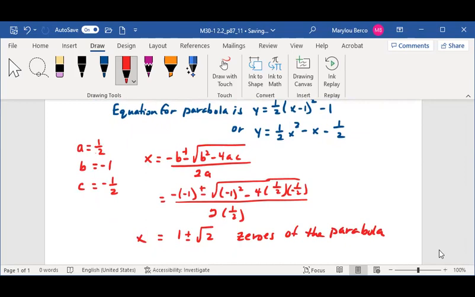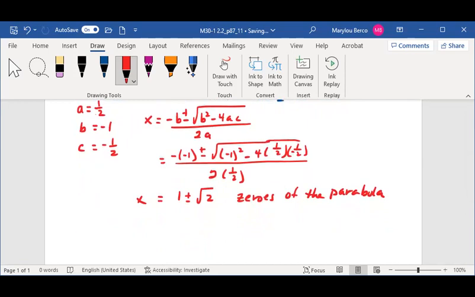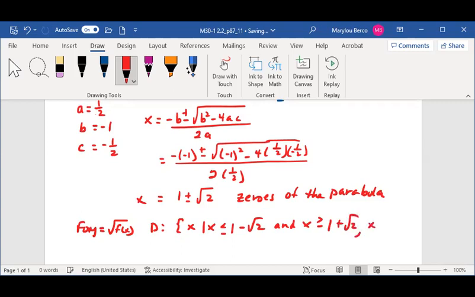Now, for y equals f of x, or sorry, for y equals root f of x, the domain is x such that x is less than or equal to 1 minus root 2 and x is greater than or equal to 1 plus root 2, where x is an element of all real numbers.